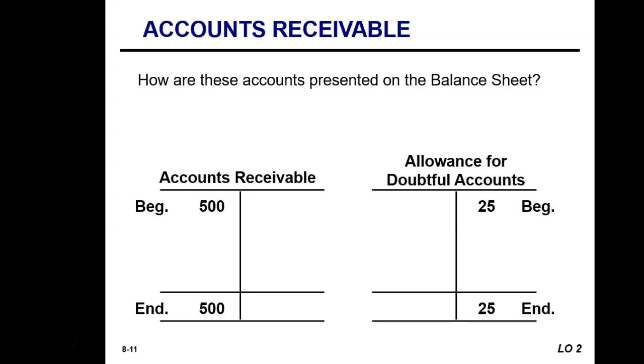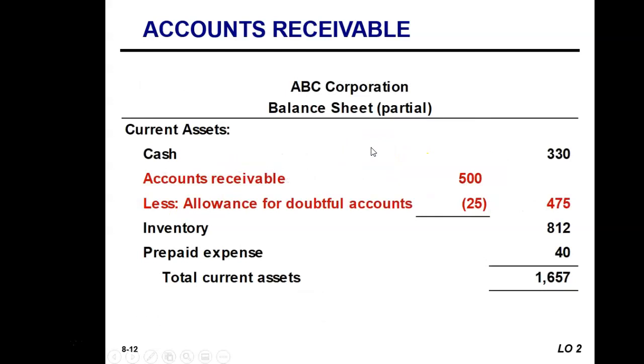So on the actual balance sheet, we're going to show the accounts receivable amount, but then less the allowance for doubtful accounts. So here you go, accounts receivable, $500, less the allowance for doubtful accounts of $25. So this $475 is known as the accounts receivable net realizable value.